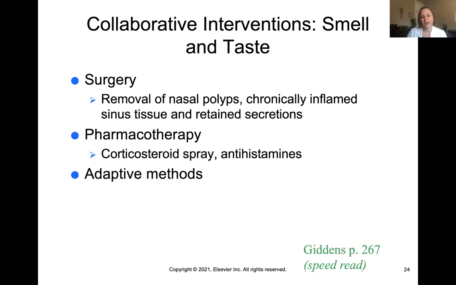Oftentimes, pharmacotherapy includes steroid sprays like Flonase, antihistamines like Benadryl, and you can have adaptive methods as well. Specifically, adapting your environment when you're at risk for causing damage to your smell and taste perception, so using things like masks or being careful of what harsh chemicals are used in your workplace.